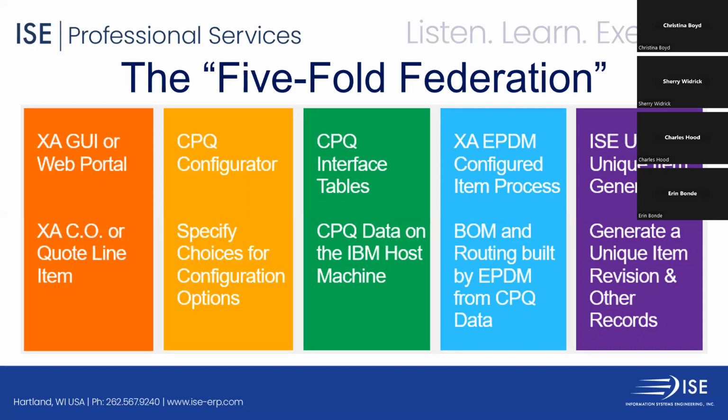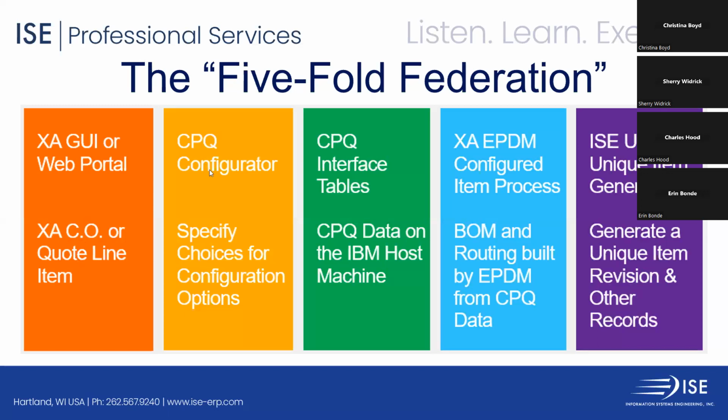It could be the old sales portal for on-premise. But again, we're focusing on the cloud, so it'd be enterprise quoting, or possibly ComNet 2, or as I just showed you, you can launch the configurator from PowerLink or NetLink. So you have some type of graphical user interface or web portal, and you're configuring a customer order or quote line item. So that's where you're starting from.